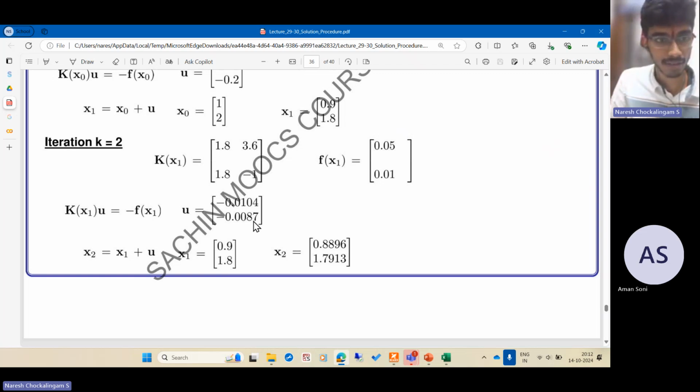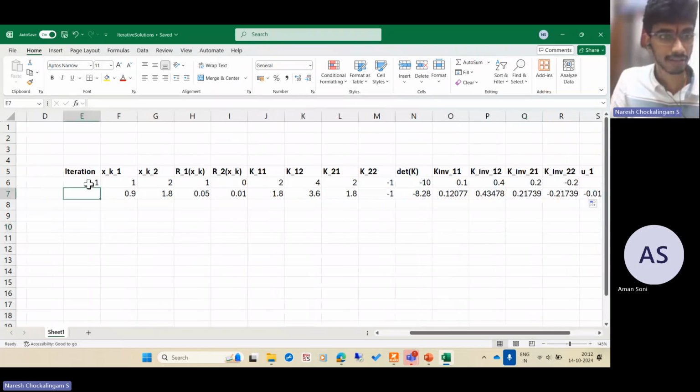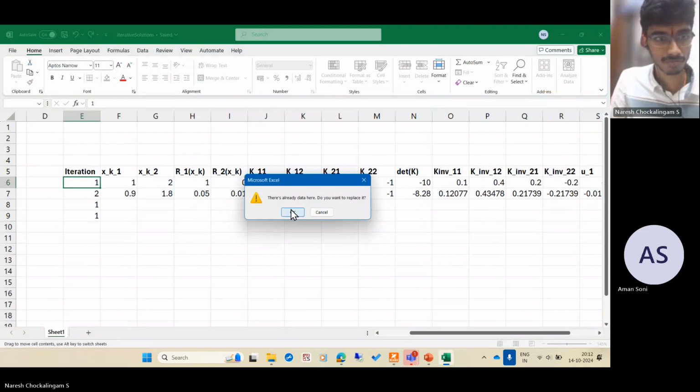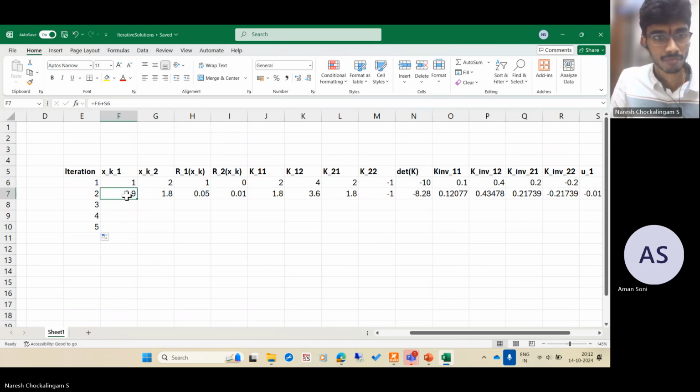So again, let's take it to 4 or 5 iterations. Update the x1 and x2 values.